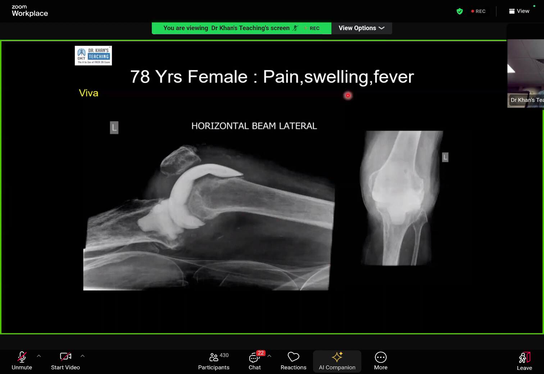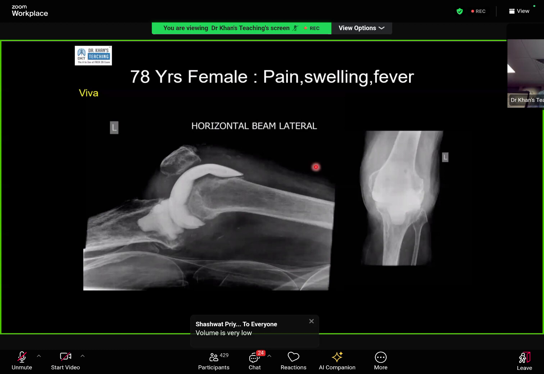Possible infective etiology, septic. And on which radiological finding have you reached that conclusion? The soft tissue obliteration of the fat planes.